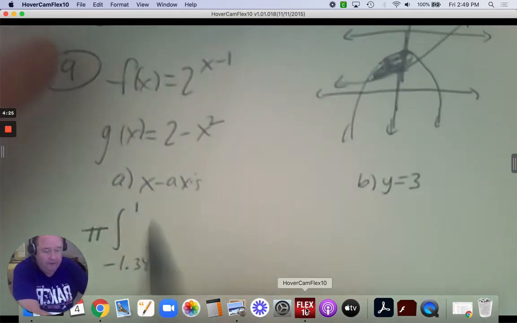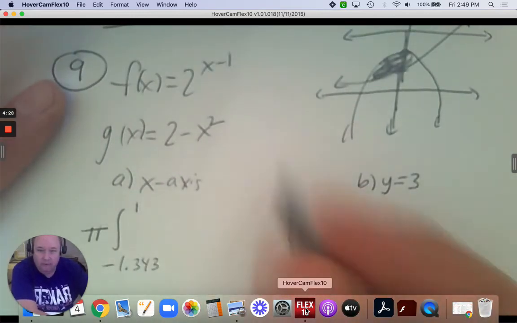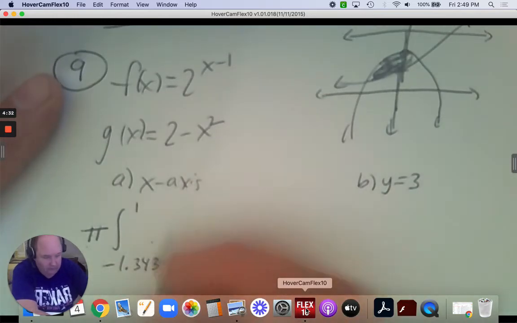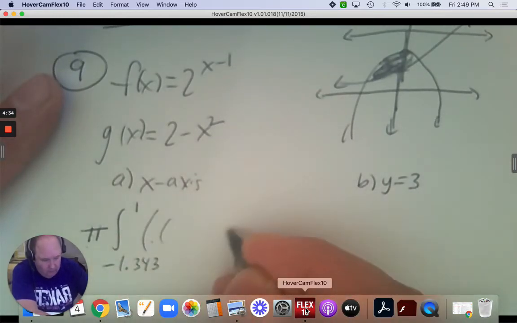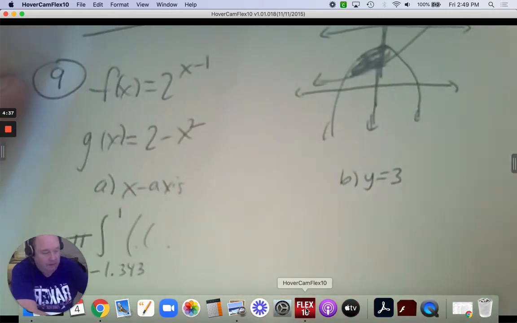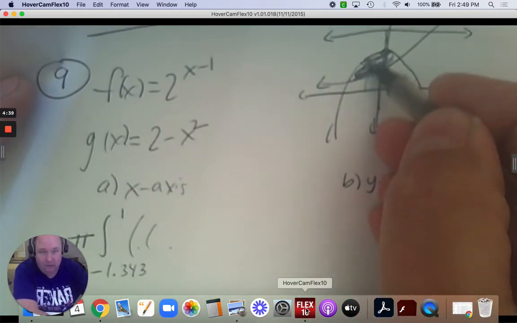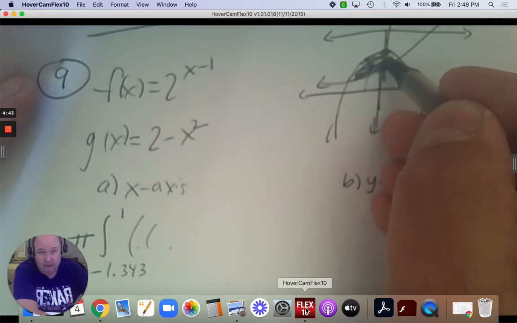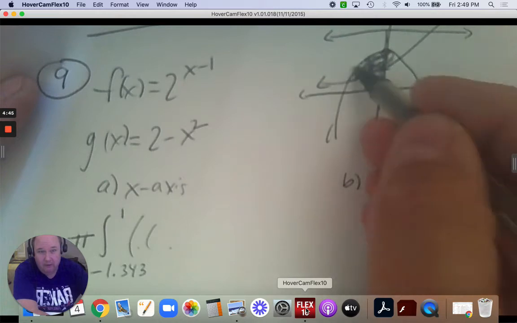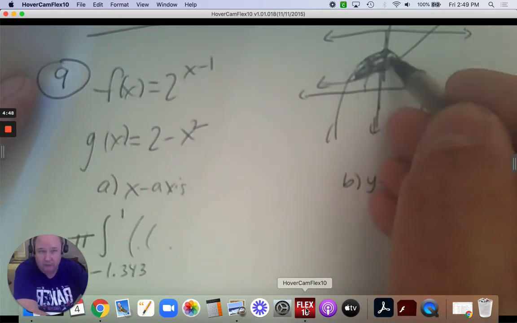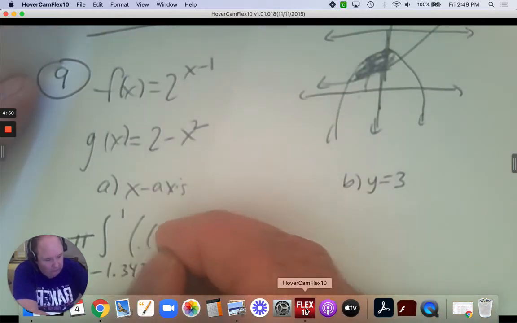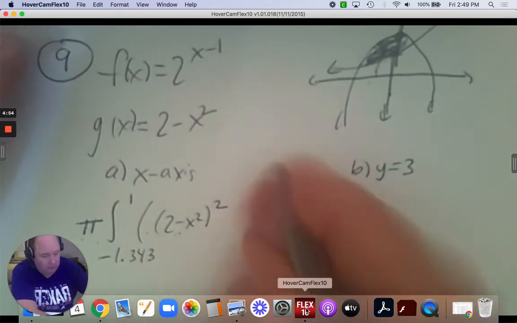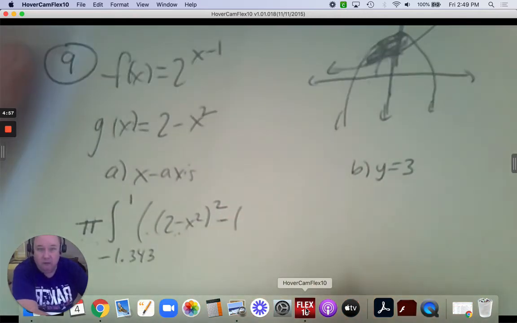When you're revolving, it's circles, and I like the template of pi r squared. So pi, those limits, r squared. We have the big radius. The big radius from the x-axis through the area would be the parabola, the upper one. So it's the parabola minus 0, or just the parabola: 2 minus x squared. That's pi r squared, subtract the smaller radius.